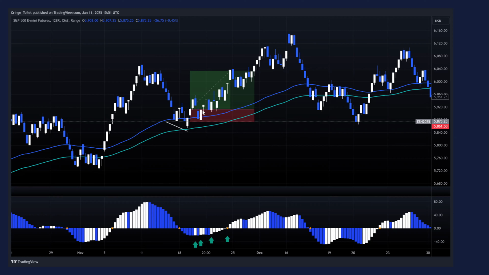If we had entered on the stochastic cross, we could have sized up on the second AO bar cross. And then we'd also get a later AO bar cross while the original trade is still in play. So some additional confirmation there, and then we get the AO cross somewhere up here, so we could have added size.